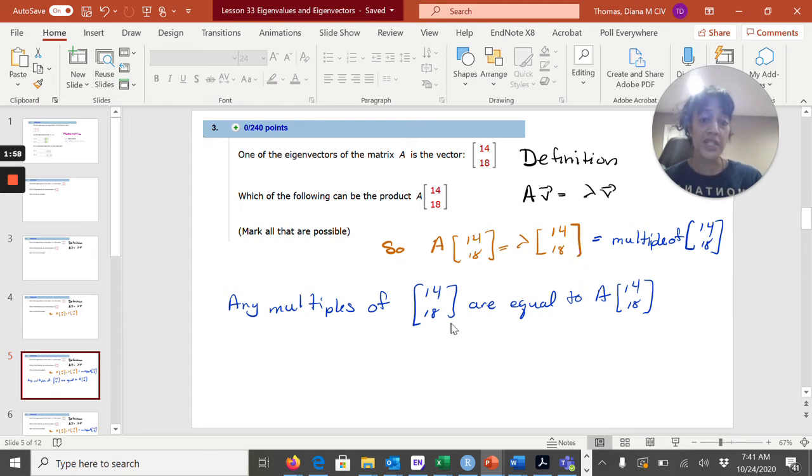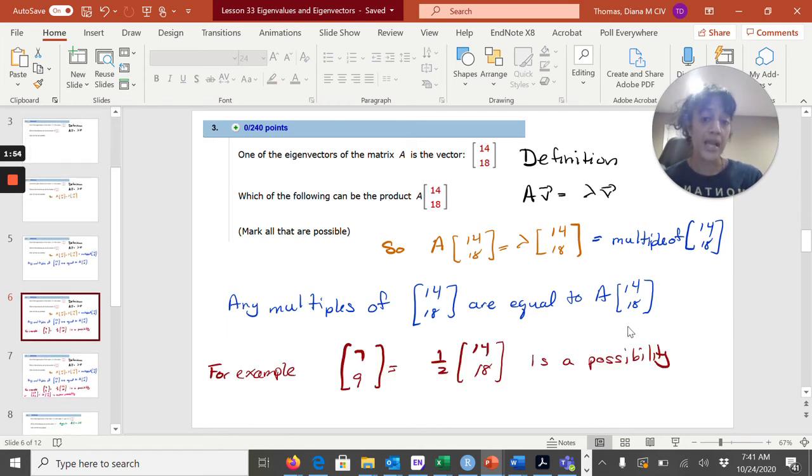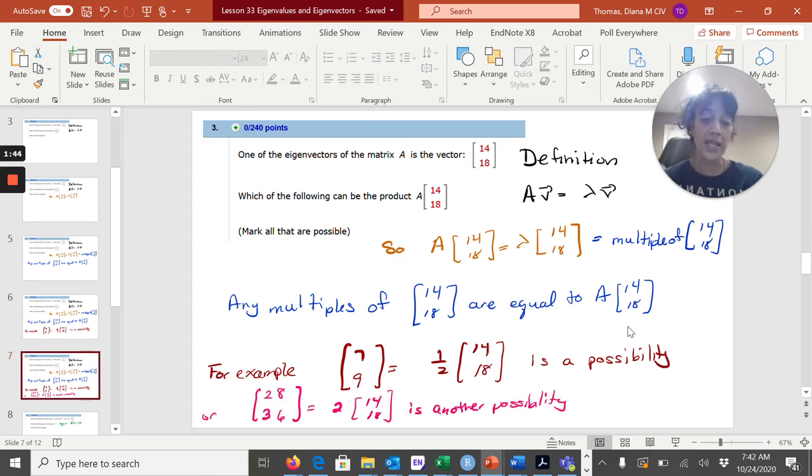So any multiple of 1418 could be equal to this. So for example, 7, 9 could be an answer because that's a multiple of 1418 with lambda equals a half. Or 2836 could be an answer because it's double 1418. So any multiple is going to be an answer.